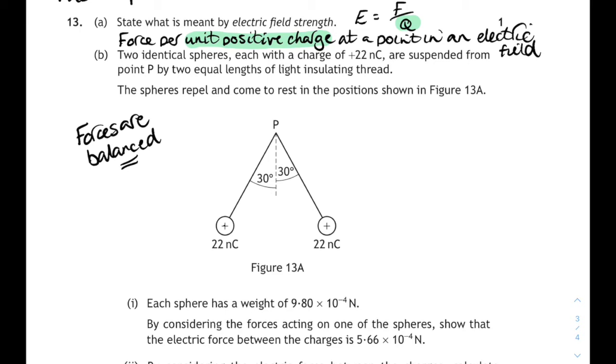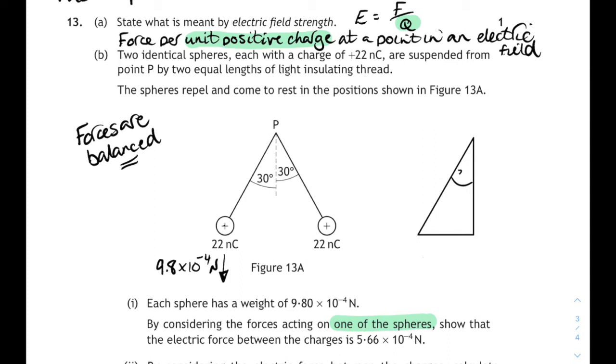We know the weight of each sphere. Weight acts downwards, 9.8 times 10 to the minus 4. And the question says, by considering the forces acting on one of the spheres, show that the electric force between the charges is 5.66 times 10 to the minus 4 newtons.